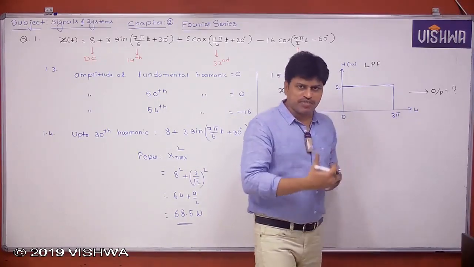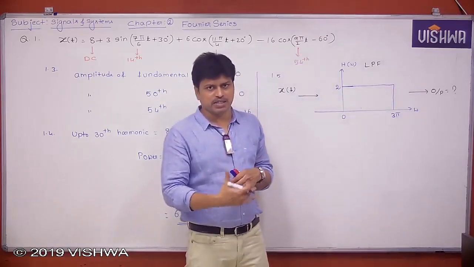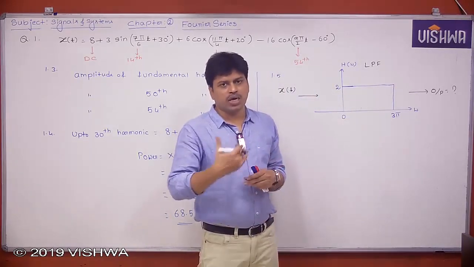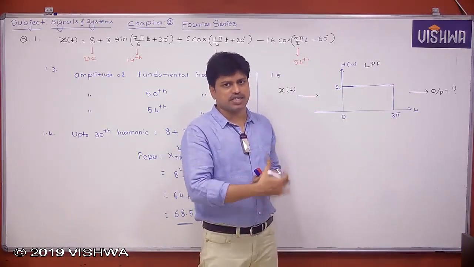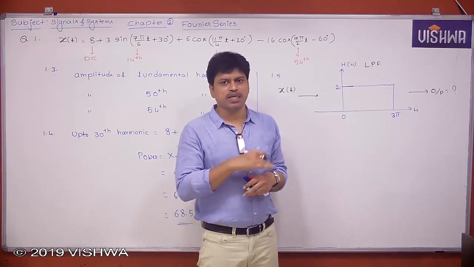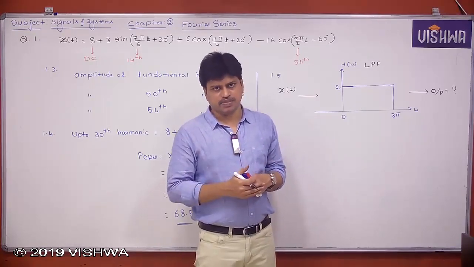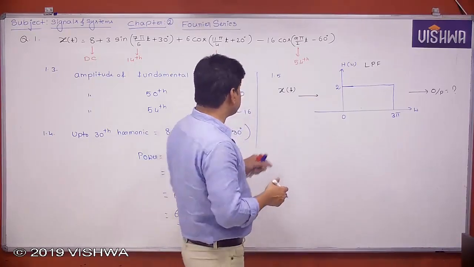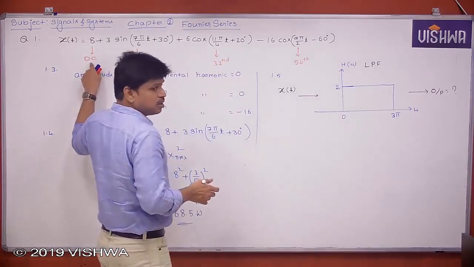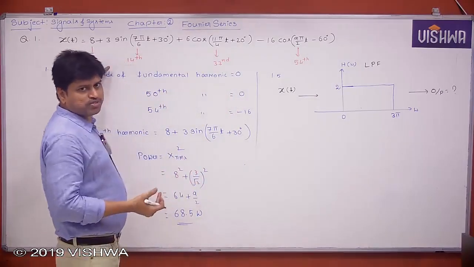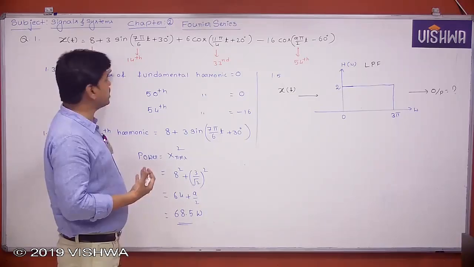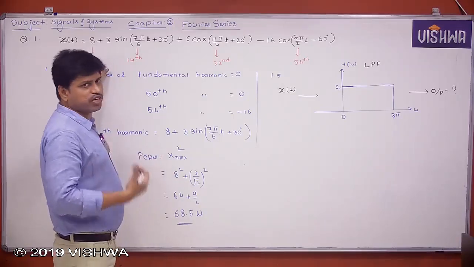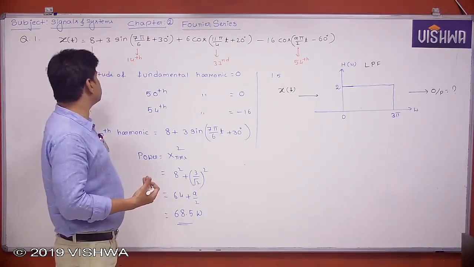Whatever frequencies are within the pass band range will pass, and whatever frequencies are out of this range will be attenuated or simply neglected. That's what it is. So if you observe carefully, will the DC signal pass through the low pass filter? Absolutely, because a low pass filter always passes low frequency signals. So DC is a zero frequency signal.